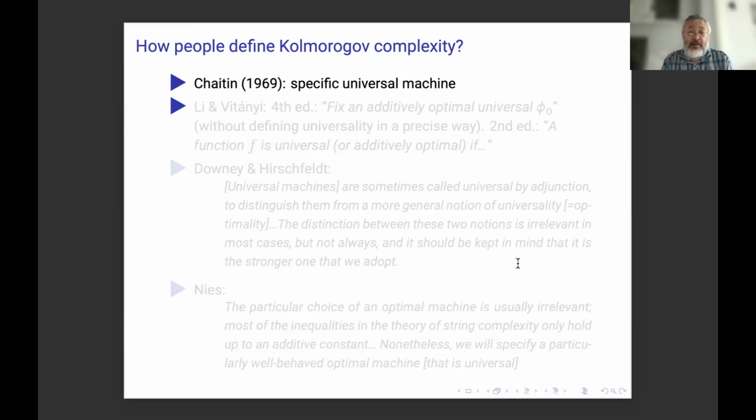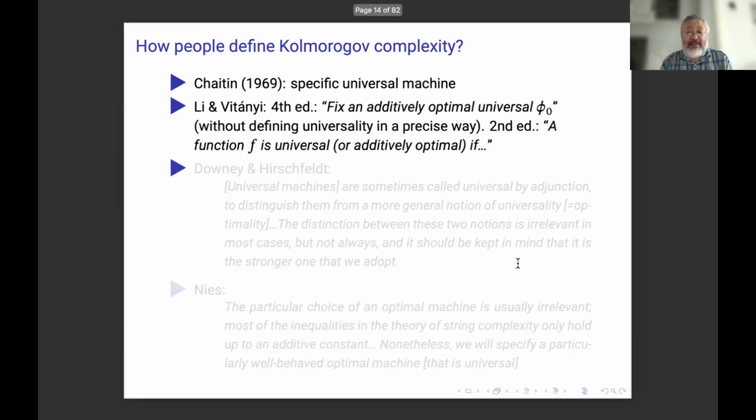And the most famous textbook is Li and Vitányi, which is kind of unclear about this. In the last edition, they say just fix an optimal universal machine. But an optimal machine is defined, while a universal machine is never defined in this edition.